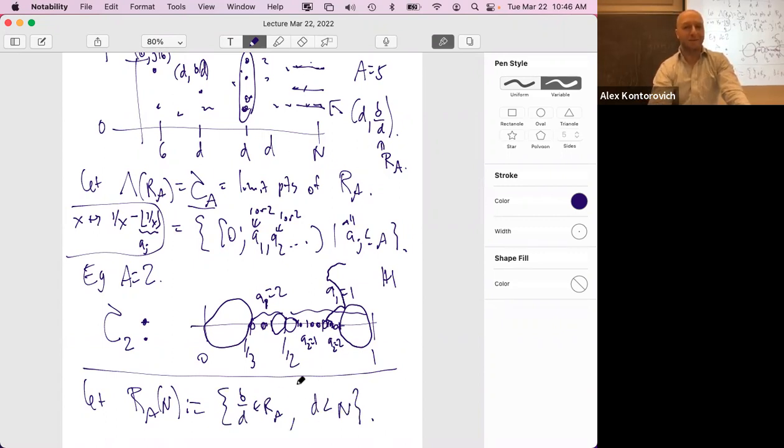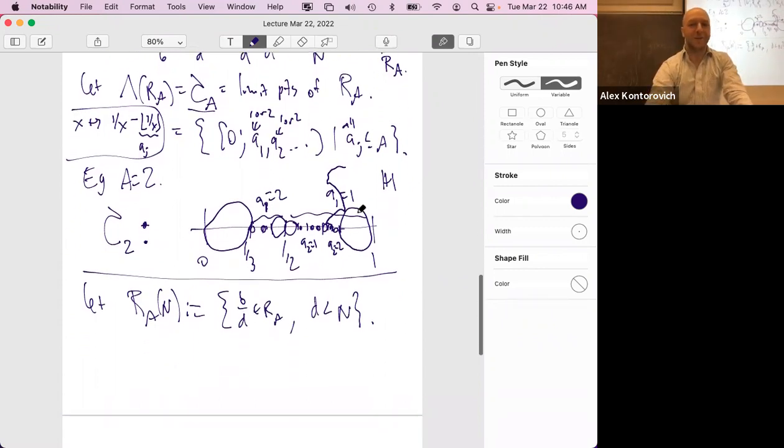R_A is an infinite set, but let's truncate it just like we do when we make a picture. So here's a basic question. What is the size of R_A(n)? How many points are there in this picture as a function of n?